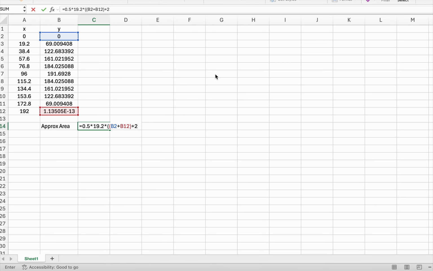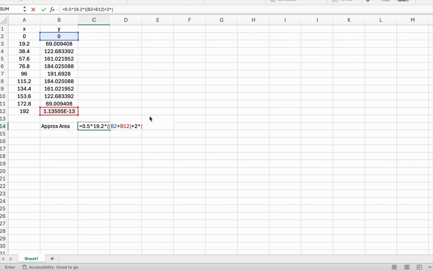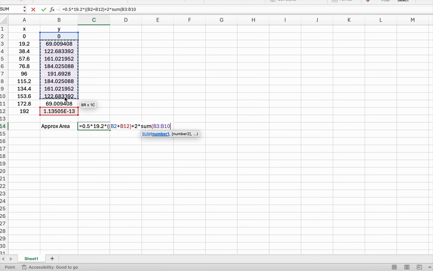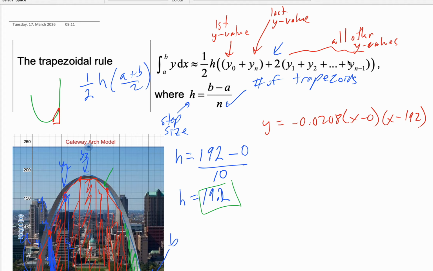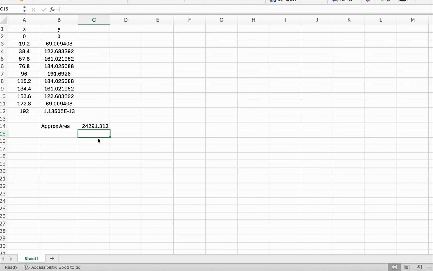Plus 2 times the sum of all the other y values. In Microsoft Excel, I can just use sum and drag to get the sum of all of those. I need one more bracket to close the whole thing. This is basically this formula copied out. Let's see what happens. I get an area of 24,291. So that is the approximate area under this curve.